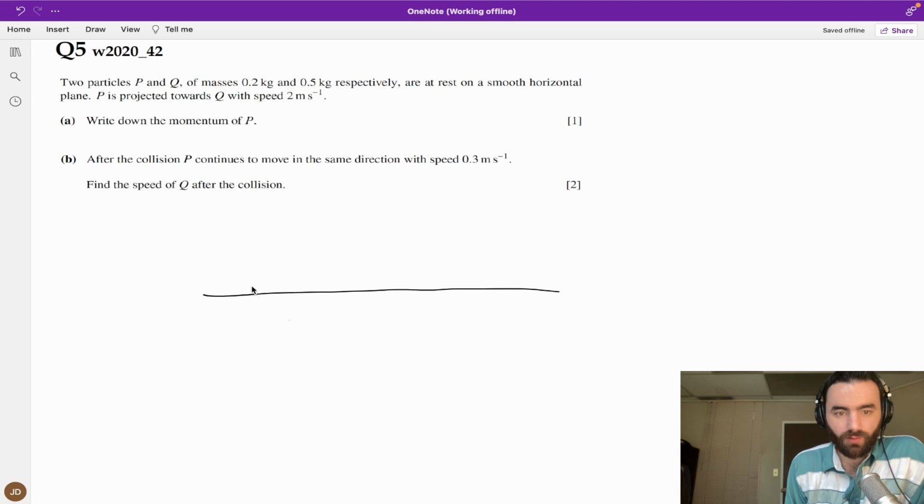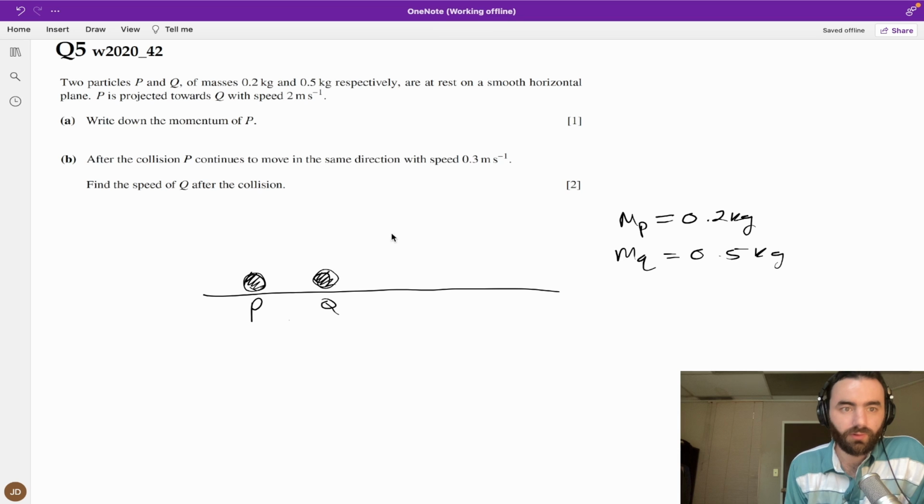We have particle P and particle Q, where the mass of P is 0.2 kilograms and the mass of Q is 0.5 kilograms. P is projected towards Q with a speed of 2 meters per second. So P moves towards Q, which is at rest.